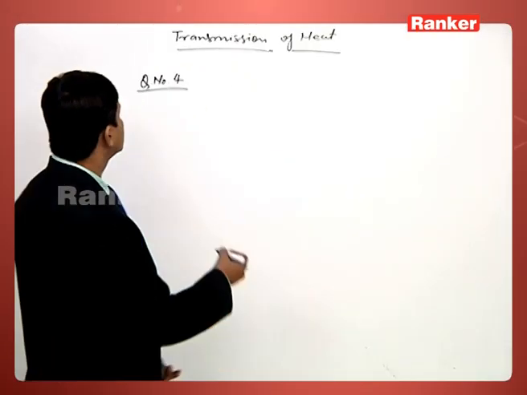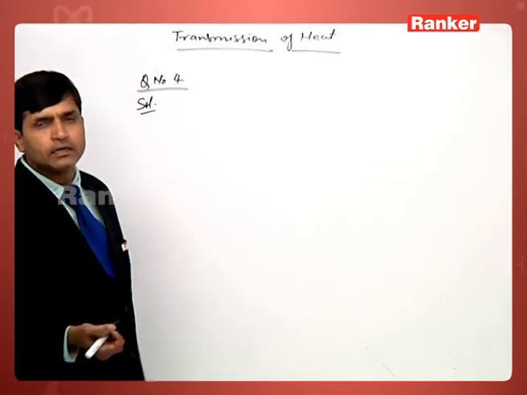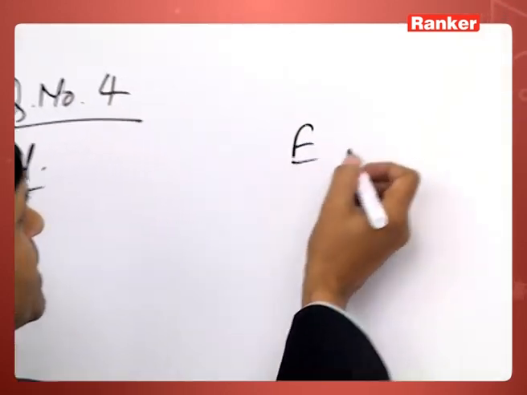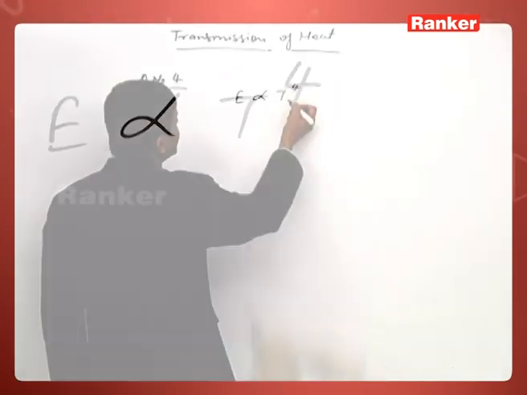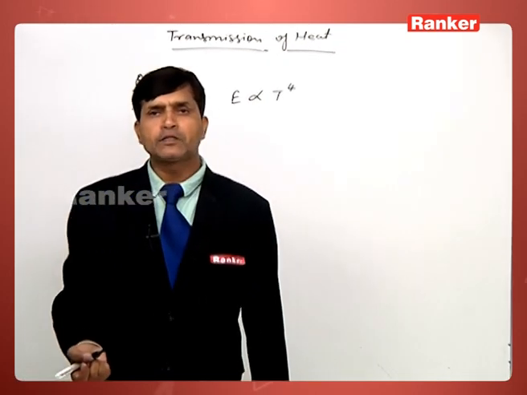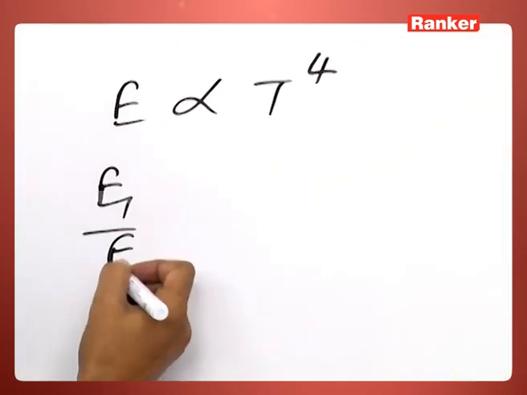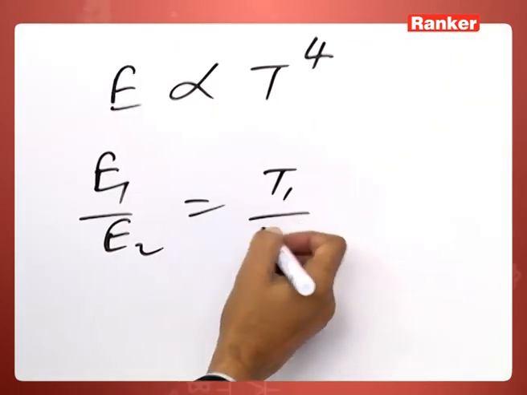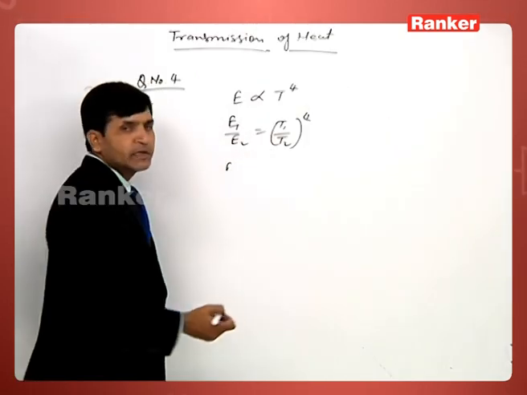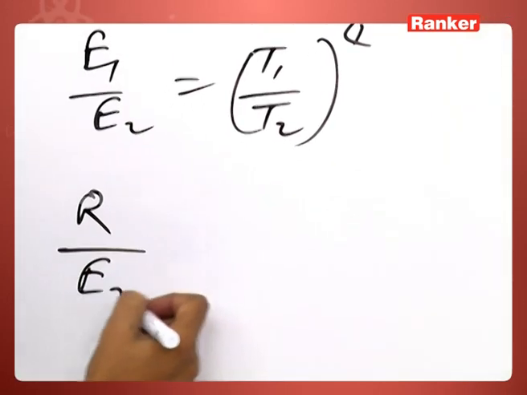As we know, as per Stefan's law, the rate of heat emission from a black body is directly proportional to the 4th power of absolute temperature. So E1 by E2 can be said as T1 by T2 to the power 4. E1 means initially the rate of heat is given here as R, and we want E2.